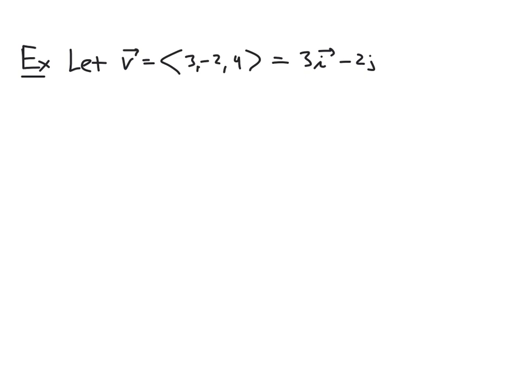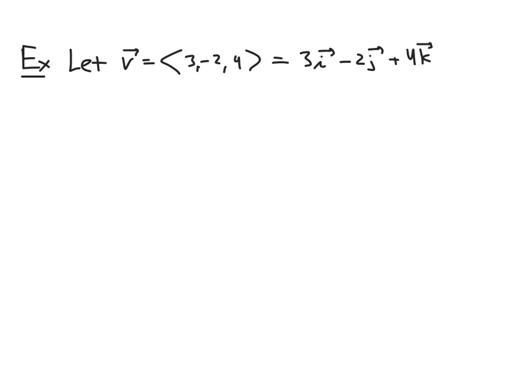So now going back to finding unit vectors, let's look at the following example. So let's say we had a vector v. We could say 3, -2, 4. That's the component form. Or if we like, we can write it with the standard basis vectors 3i minus 2j plus 4k.